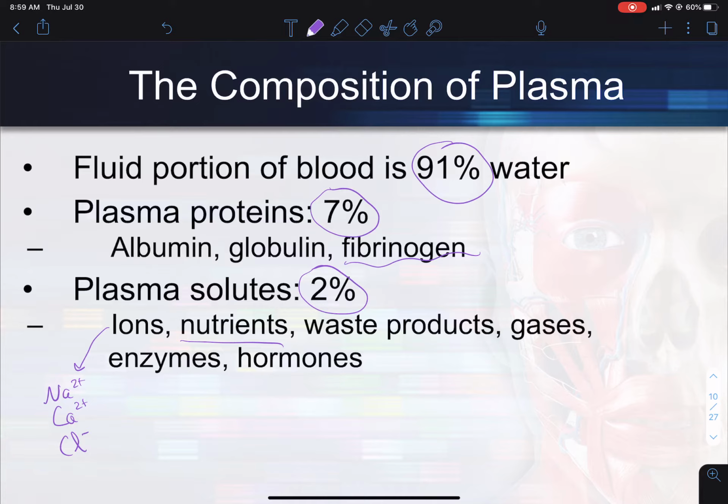Waste products, like CO2 or other carbon byproducts of cellular metabolism. Gases like O2, CO2, enzymes, which are in abundance, and you have many different versions of them, but those are a type of protein, because remember, enzymes are a type of protein. And then hormones, which are a little bit bigger, but they are going to be those chemical signalers.